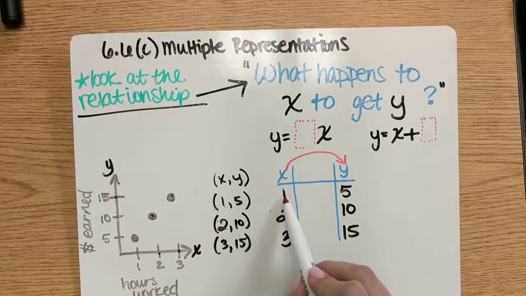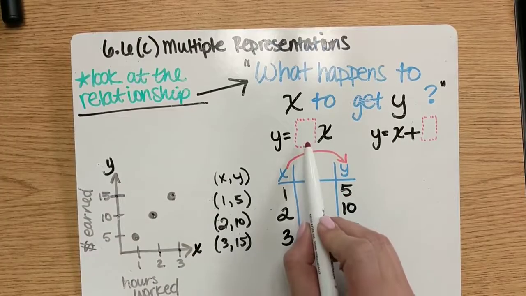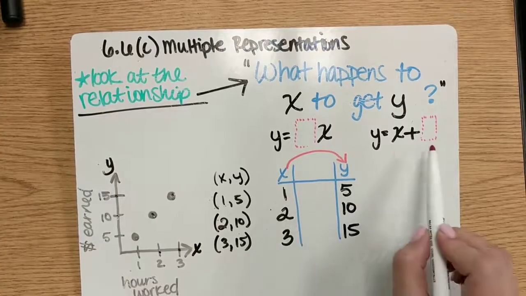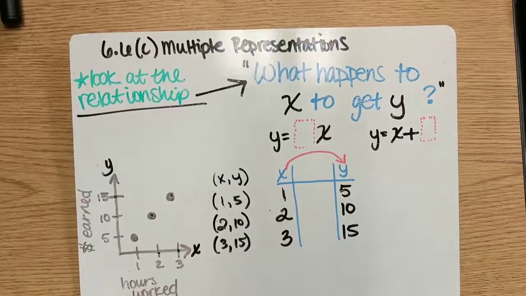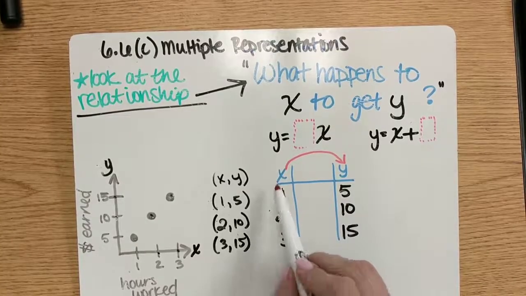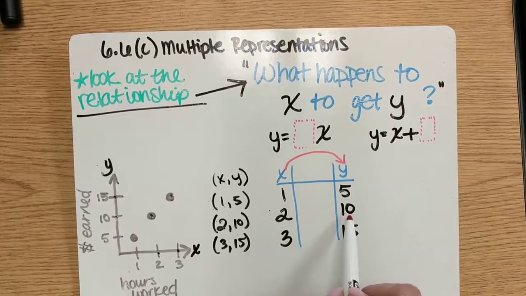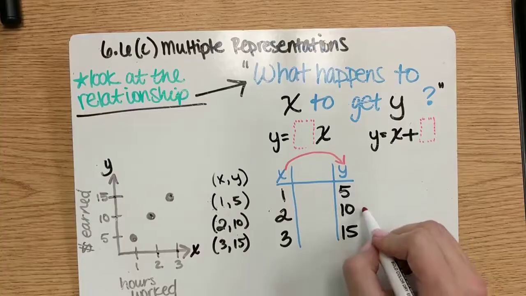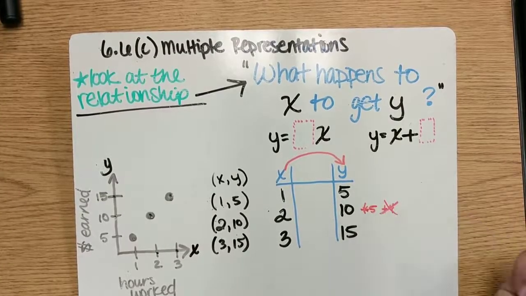So let's look. From 1 to 5, well, I'm multiplying by 5, or I'm adding 4. Okay, well, let's see which one I find in the other ones. 2 to 10. 2 times 5 is 10, but 2 plus 4 is not 10, so times 5 works, but plus 4 does not work.